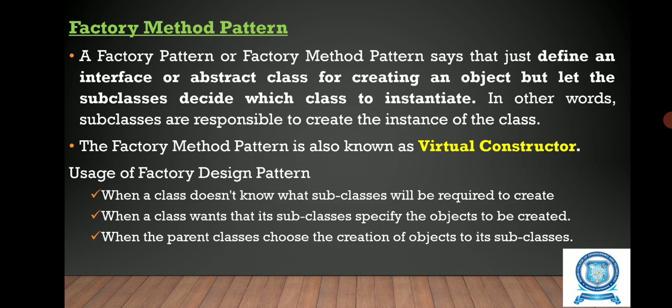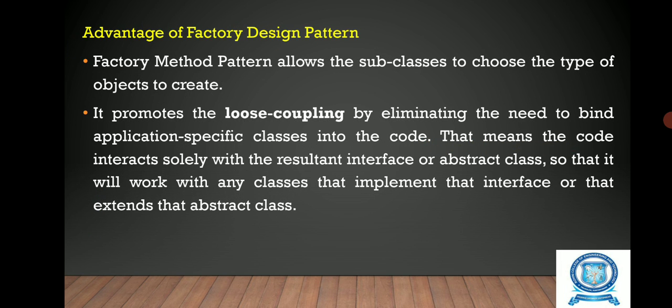When a class doesn't know what subclasses it will be required to create, when a class wants its subclasses to specify the objects to be created, when the parent classes choose the creation of objects to its subclasses. Advantage of factory design pattern.